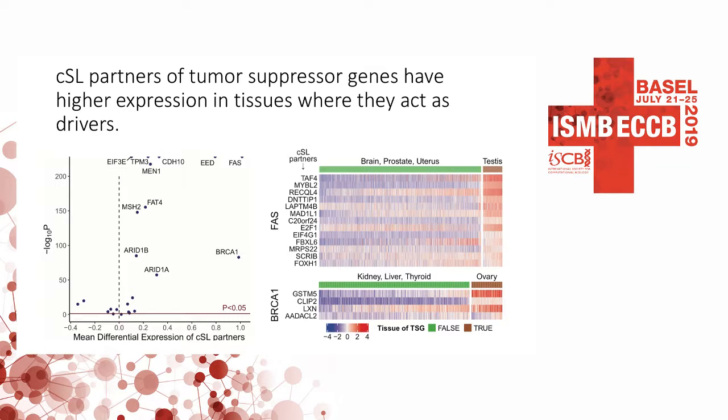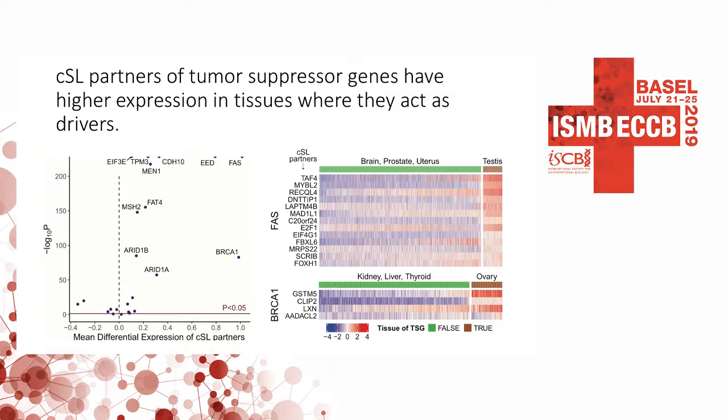Many of the genes do not have any SL partner, but around 23 of them do. For a majority of them, if you look at the median differential expression of SL partners as the negative log p-value, above 0 implies that the expression of its partners is higher in tissues that these tumor suppressors drive. And you can see BRCA1 and others, and it's all on the high positive side.